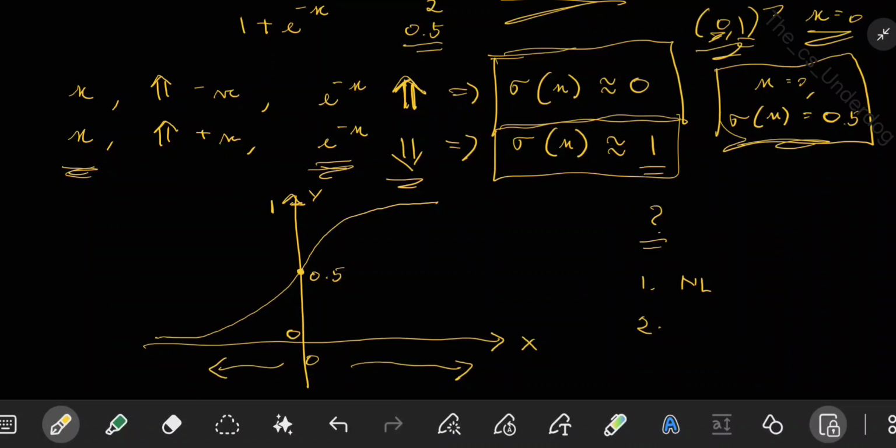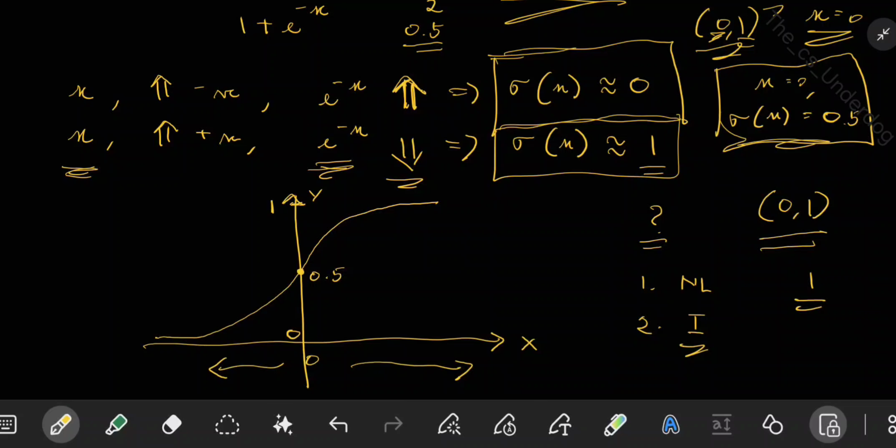Second thing, a very important thing, is interpretability. What is interpretability? At the beginning of the lecture, we discussed that when the value is between 0 and 1, you can interpret this as the probability. This is the biggest advantage. In machine learning, many times you want to output probabilities, and that is where sigmoid comes in handy, because this value, which is between 0 and 1, you can interpret as probability.